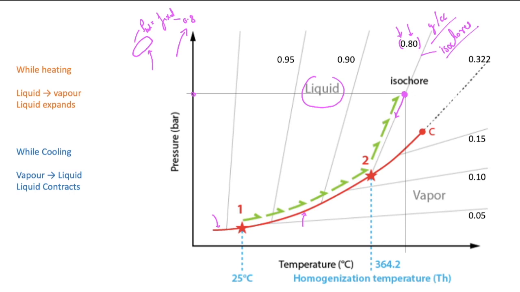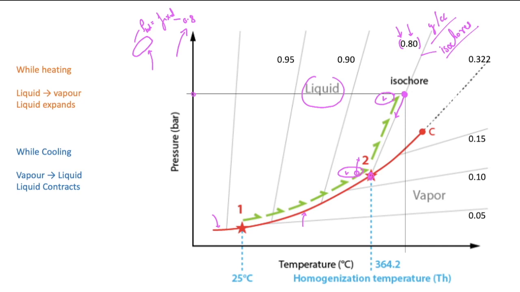Now when you are cooling this, it will come along this line, and it will meet the boiling curve at this point. If it is in the liquid field, the inclusion will be completely liquid. But when it comes to this point, a small bubble will appear, liquid plus vapor.